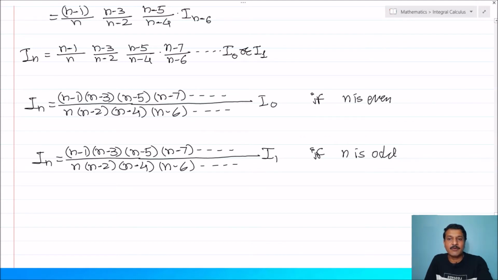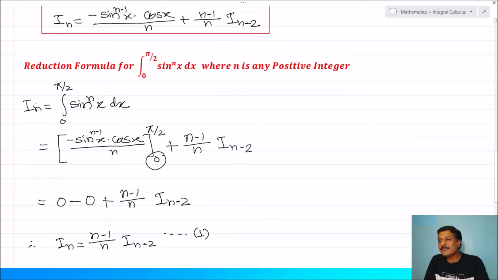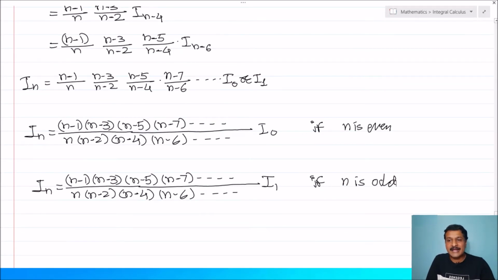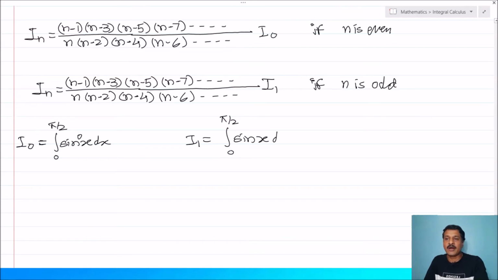Now what about I0 and I1? As we know, In means what? This n means the power of sine, and that is why I can write here two values, that is I0 equal to integration 0 to pi by 2 of sine x raised to 0, and I1 equal to integration 0 to pi by 2 of sine x raised to 1.